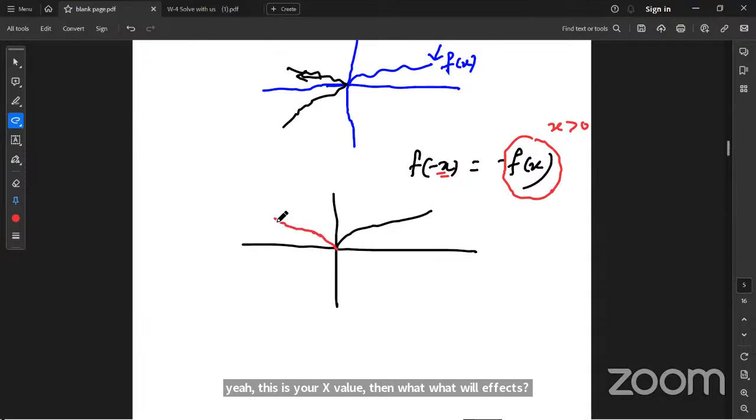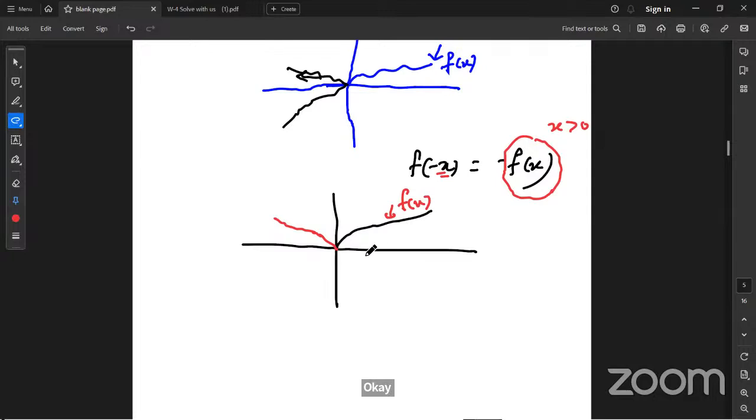Here fx is looking like this. I am saying suppose this graph is your fx. For x going to infinity, or for x positive, for this line fx is exactly this.